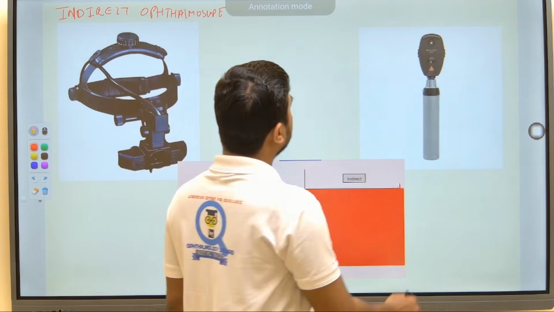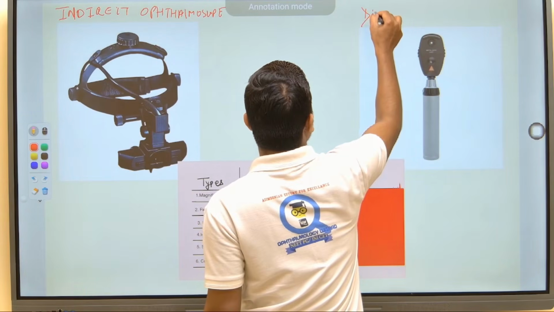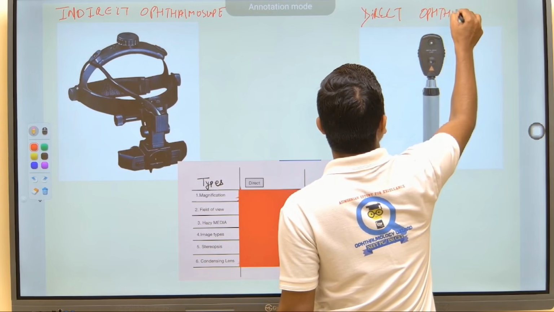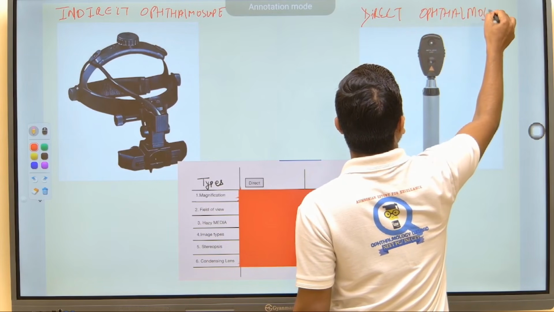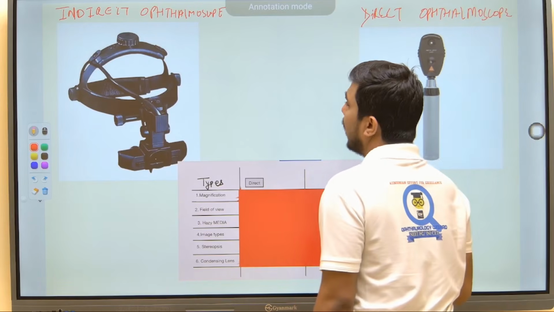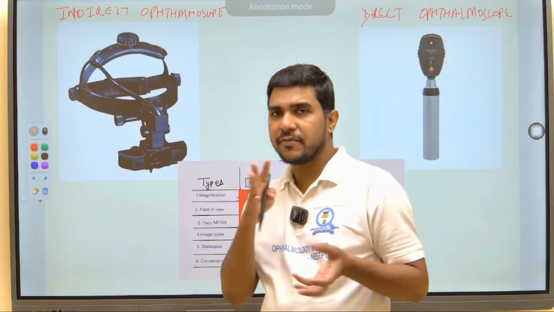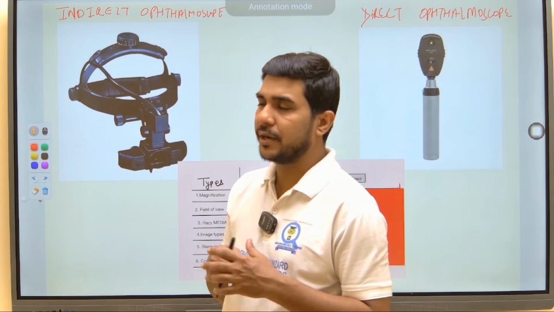And what is this? This is the direct ophthalmoscope, right? Now, these two instruments are regularly used. What is the difference? That's very important to understand.